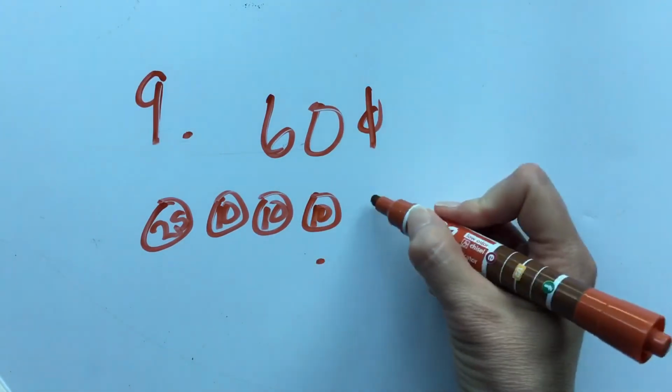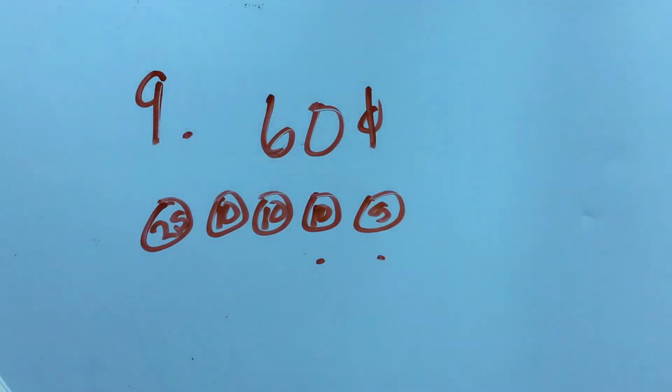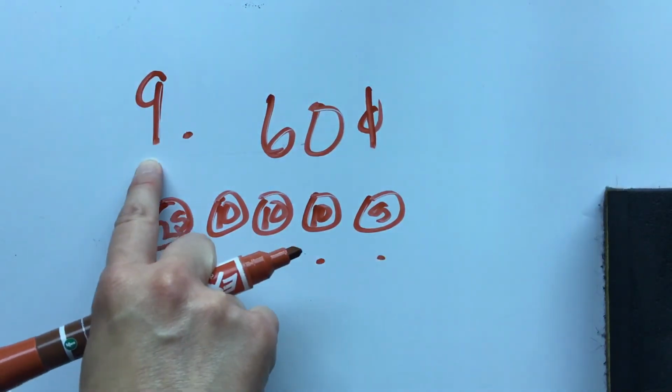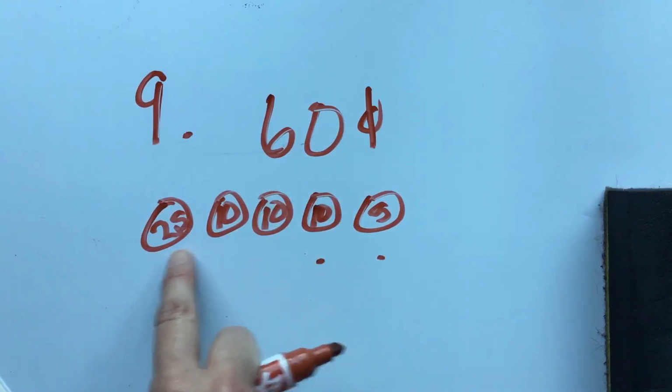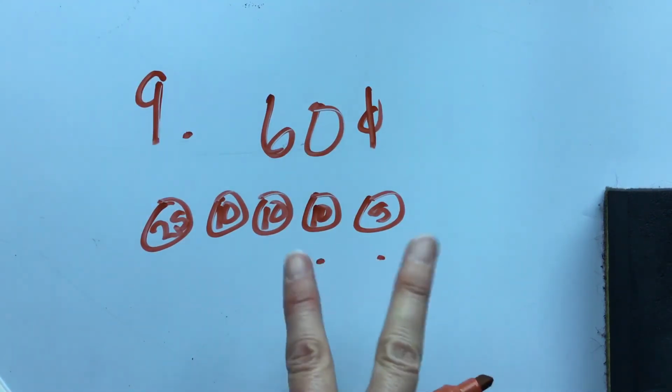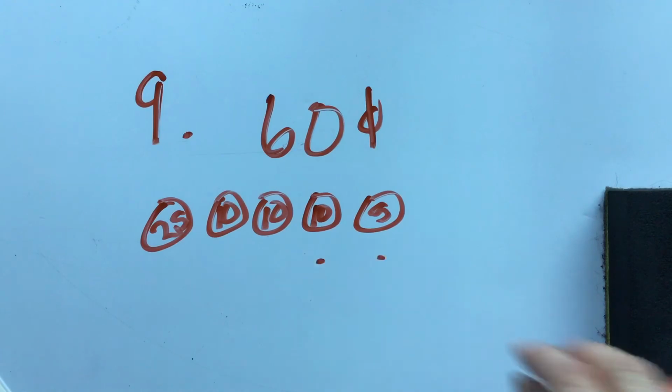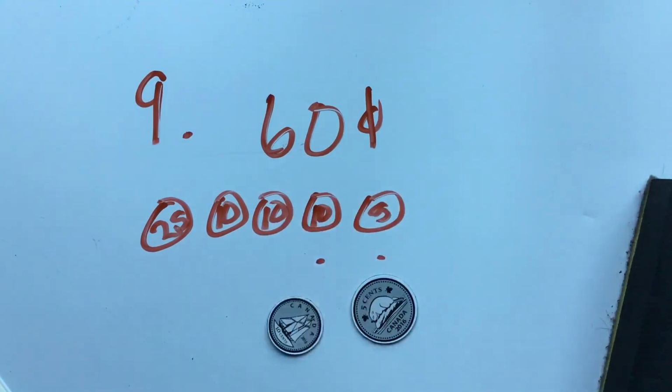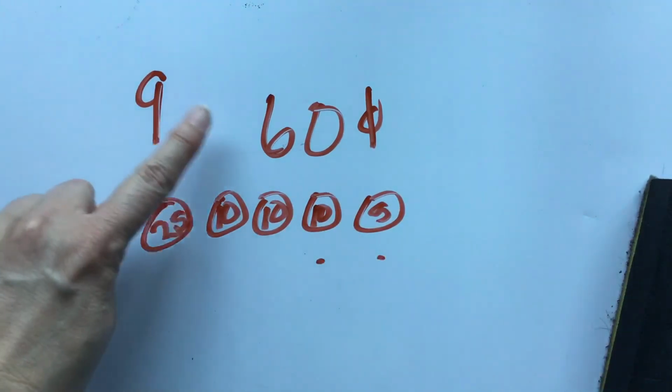I added that. 60. And there it is. I added a dime and a nickel again. 25, 35, 45, 55, 60. All right. So for question number 9, you're going to be given a total amount and a certain number of coins. Your job is to find 2 coin values, perhaps a dime and a nickel, that equal your total.